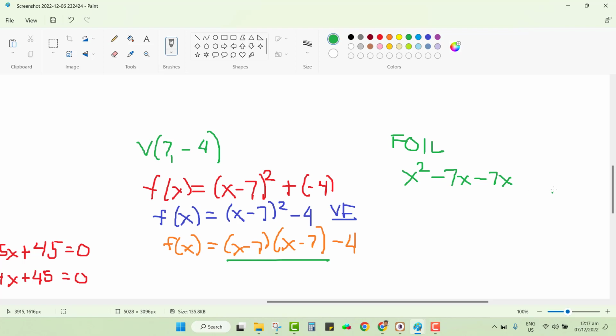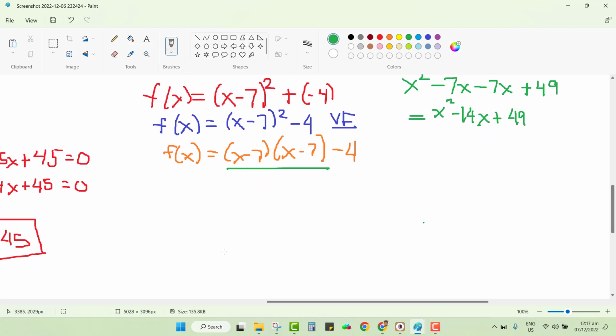And then negative 7 times negative 7 is plus 49. In short, the quadratic form for the square of the binomial here is x squared minus 14x plus 49. Let's substitute this here and continue with this expression.